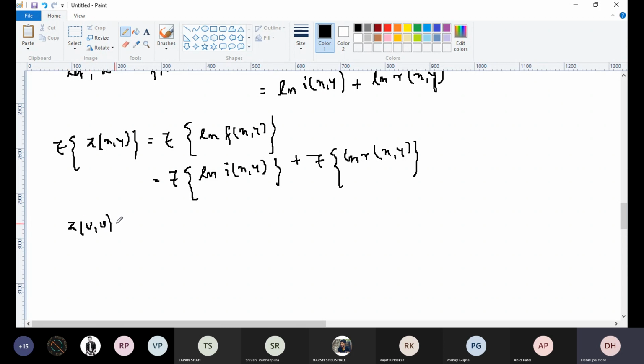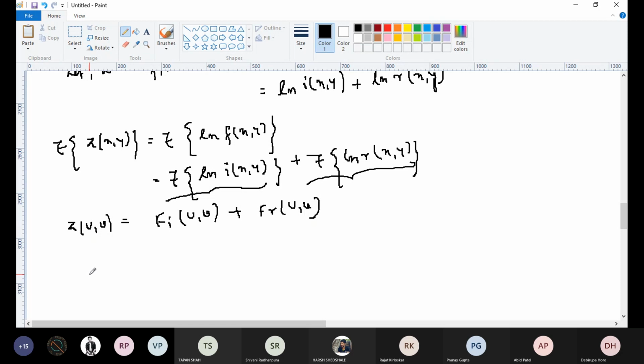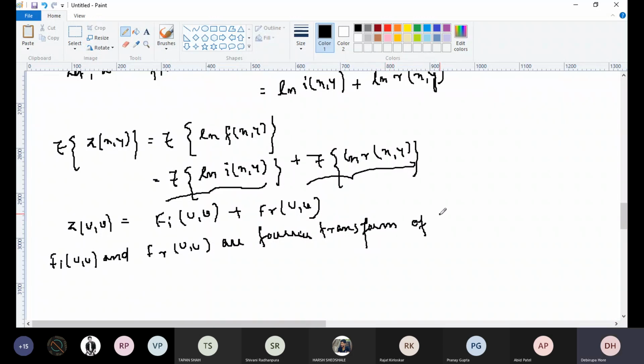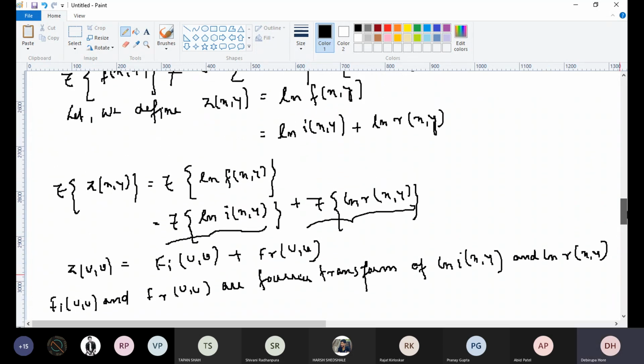Therefore, z of uv equals F of I uv plus F of r uv, where F of I of uv and F of r of uv are Fourier transforms of ln I of xy and ln r of xy respectively.